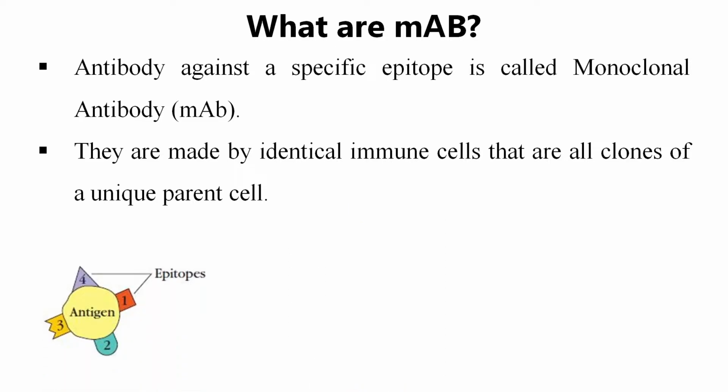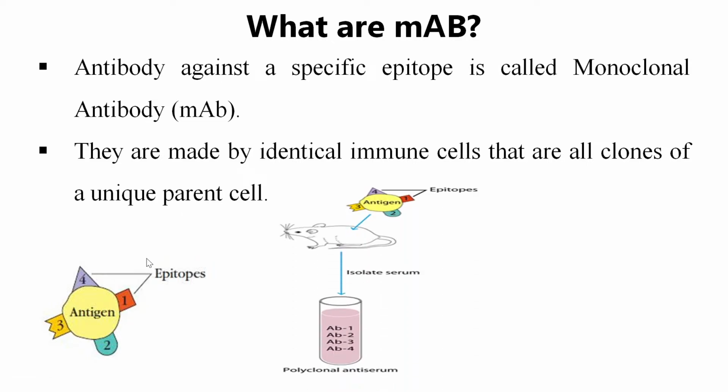Here you can see in this diagram, this is the antigen, any antigen you can think of. And you have, in this case, 4 different epitopes. So one single antigen having several different epitopes. And these monoclonal antibodies are specific to only one of them.